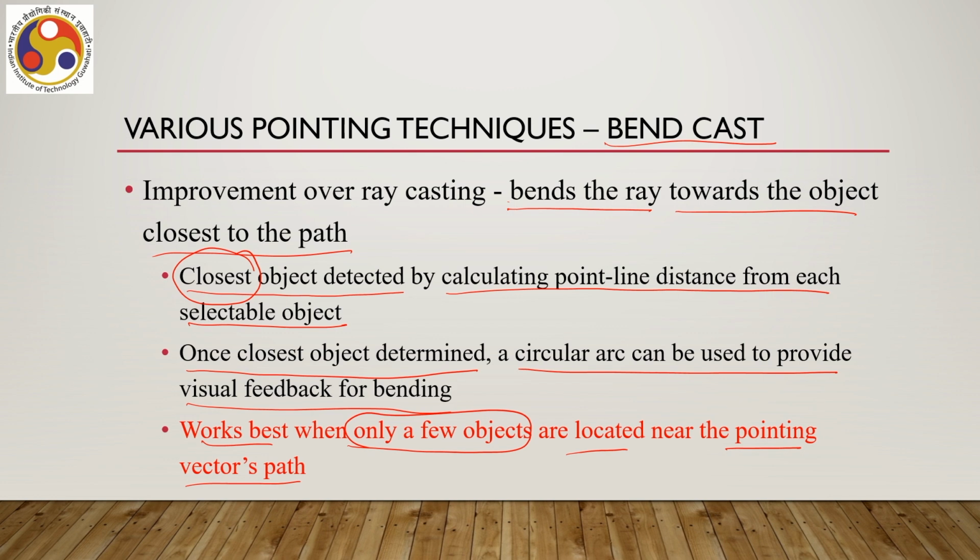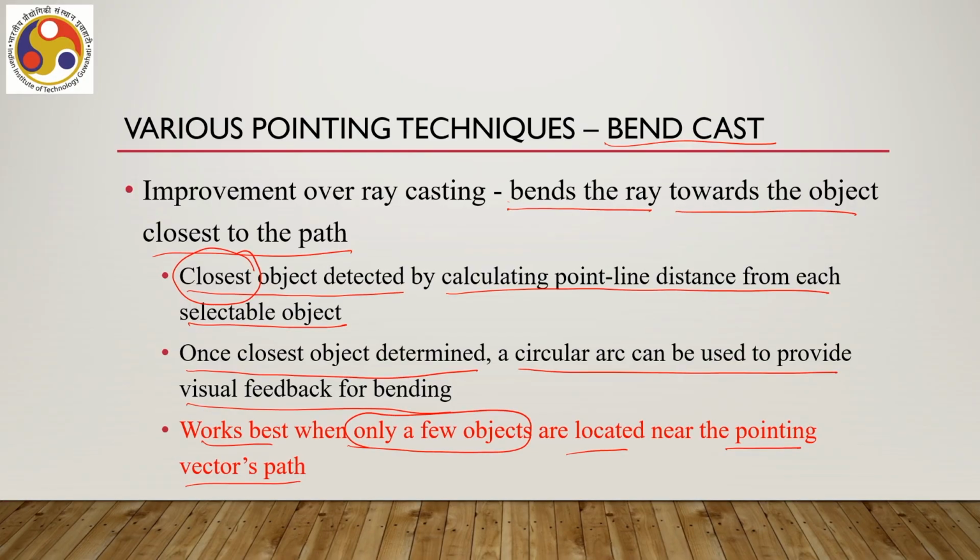There can be multiple objects around the other objects and the distances may be similar. So, all may become closest, or some different object may become closest if the density around the object to be selected is high. So, again the precision problem comes.